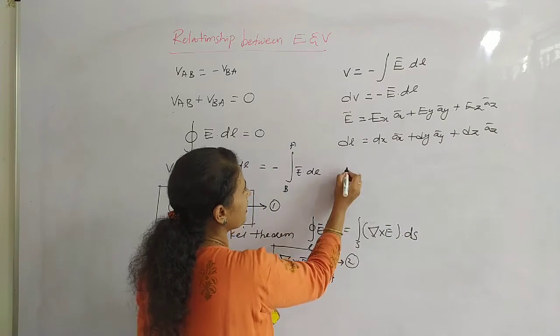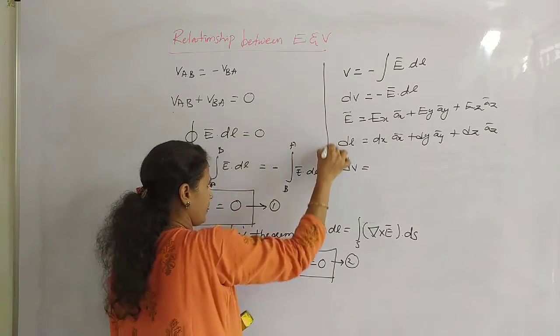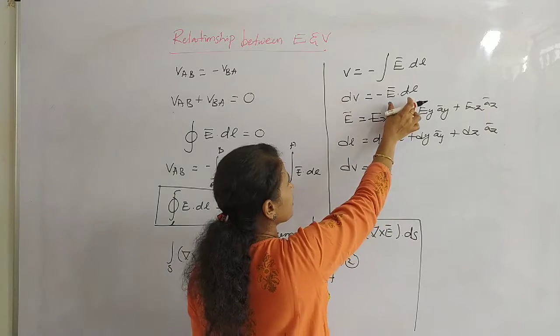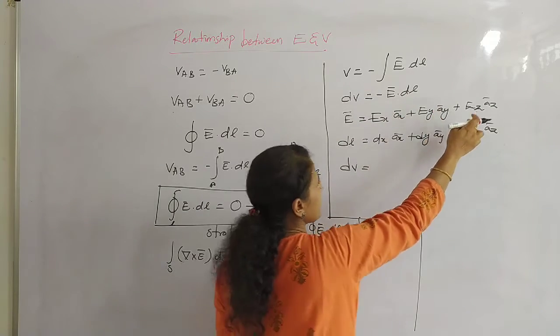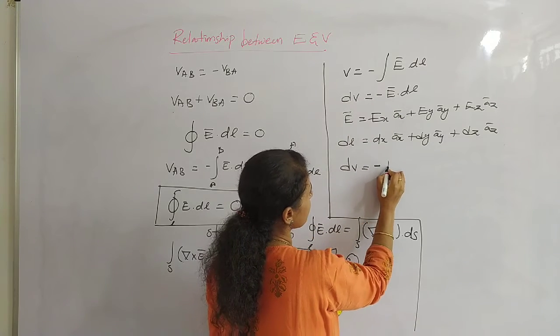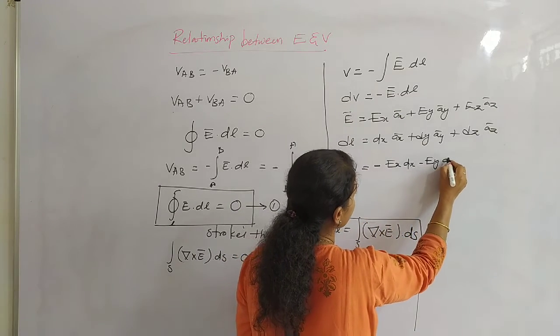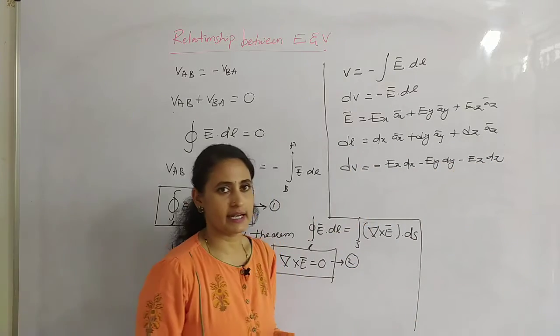Now dV is given by the dot product of these two terms: Ex with dx, Ey with dy, Ez with dz. Here is a minus sign, so I can write minus Ex dx minus Ey dy minus Ez dz.